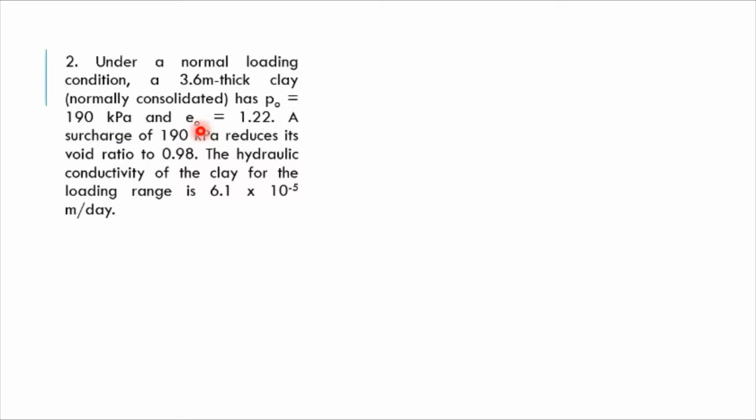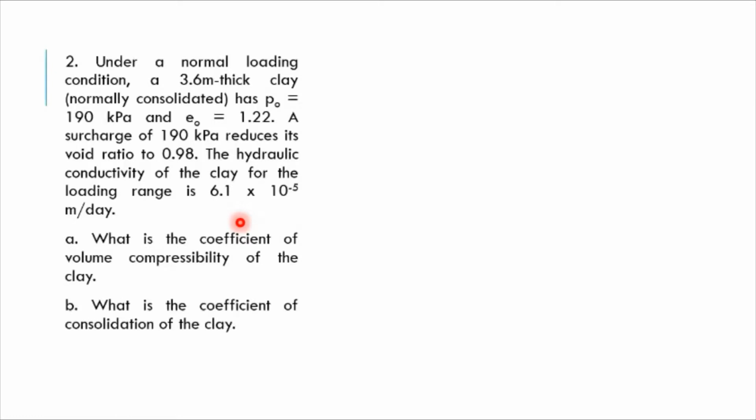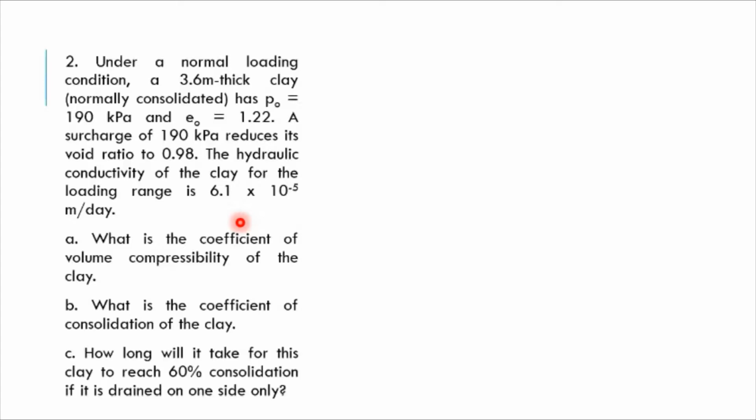A surcharge of 190 kPa reduces its void ratio to 0.98. The hydraulic conductivity of the clay for the loading range is 6.1 times 10 raised to negative 5 meters per day. What is the coefficient of volume compressibility of the clay? What is the coefficient of consolidation of the clay? And how long will it take for this clay to reach 60% consolidation if it is drained on one side only?